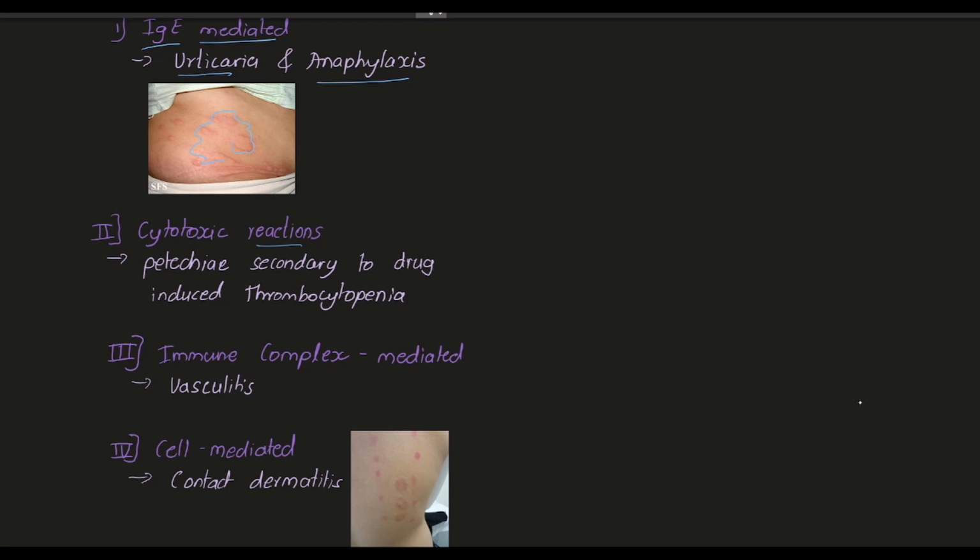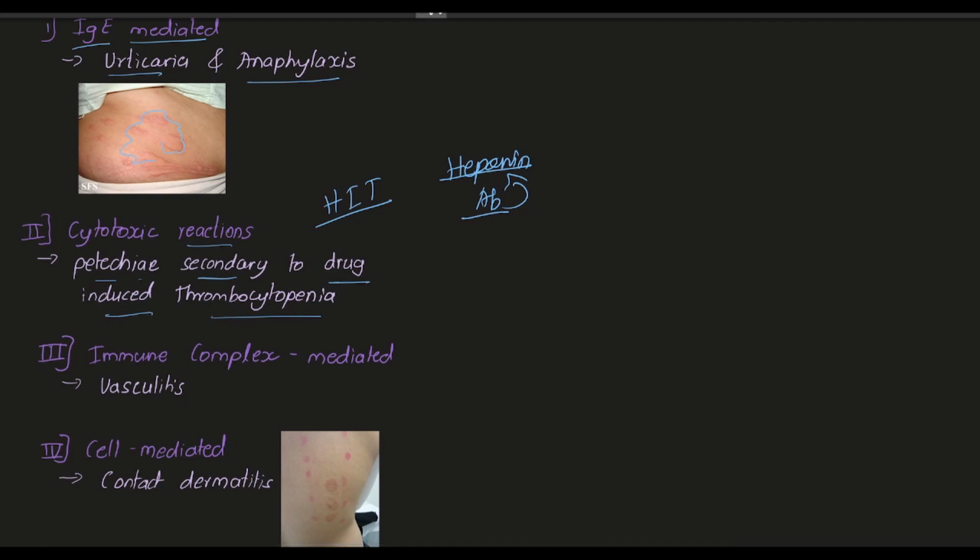Here the example is the petechiae that are secondary to drug induced thrombocytopenia. I will explain a little bit about this. If you have ever heard the word HIT, that is heparin induced thrombocytopenia, what happens is that our body will produce antibodies against heparin. Some persons will produce antibodies. These antibodies will react on the heparin which is deposited on the platelet.